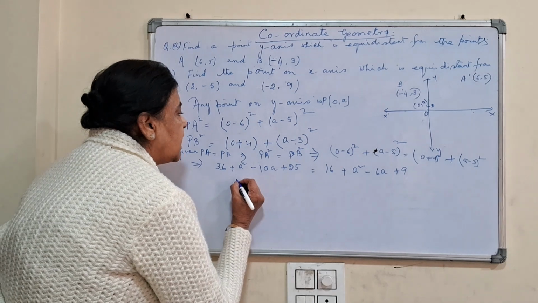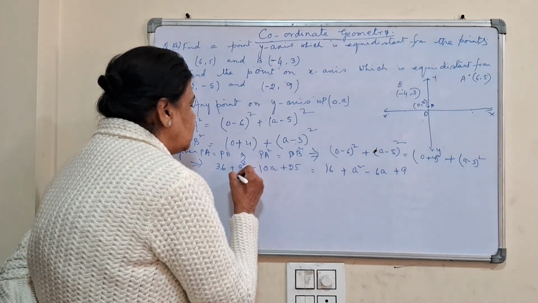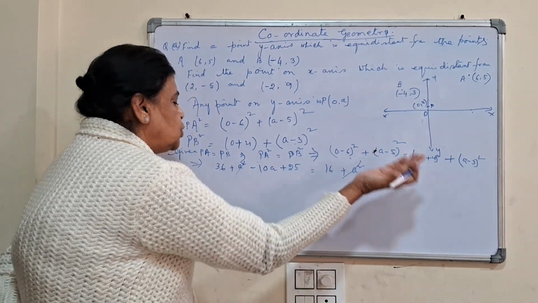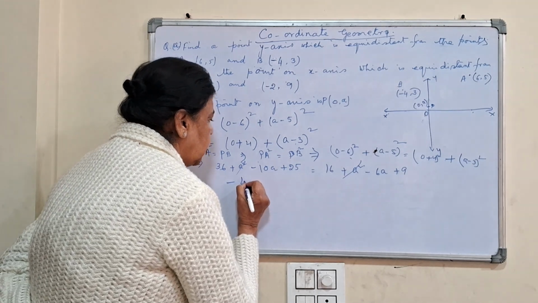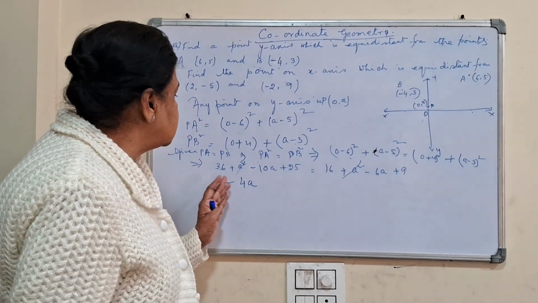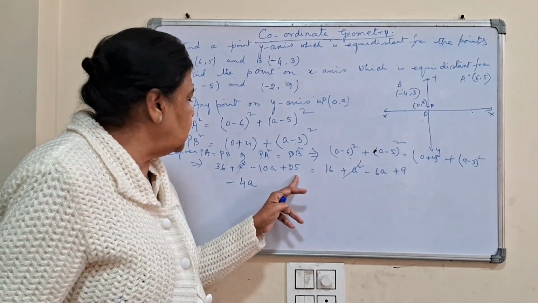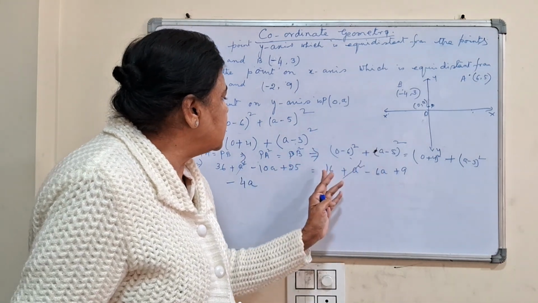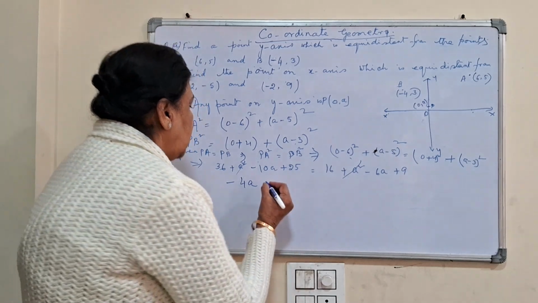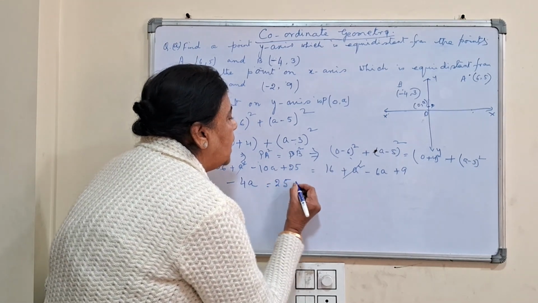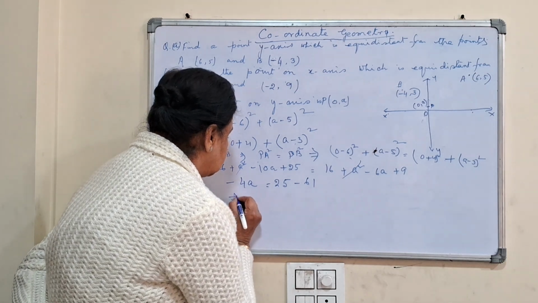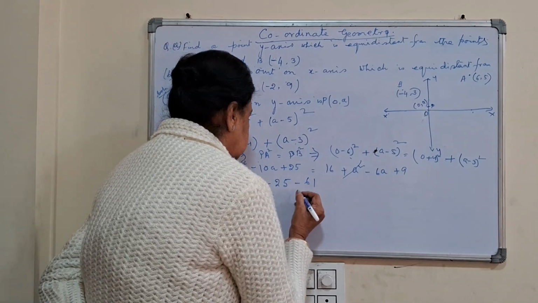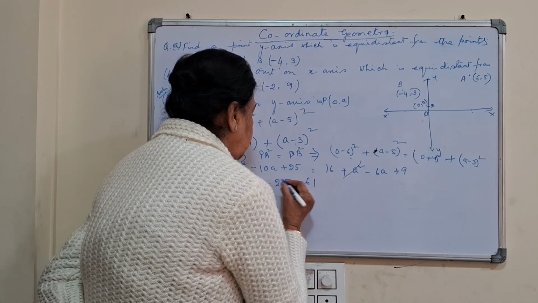Cutting a square on both sides, minus 10a minus 6a gives minus 4a on one side. 36 plus 25 is 61, and 16 plus 9 is 25. So 25 minus 61 gives minus 36, which implies 4a is equal to 36.